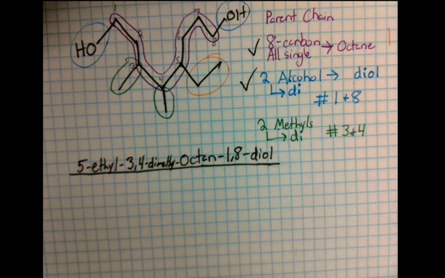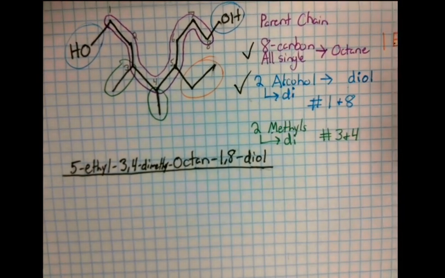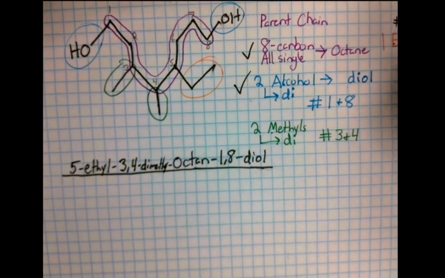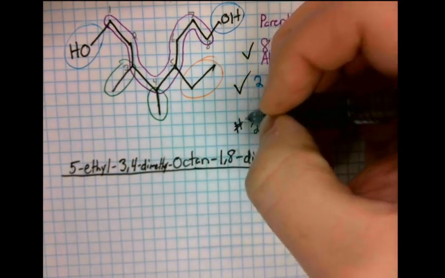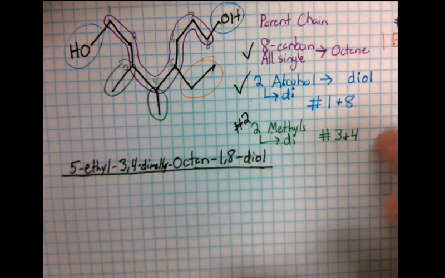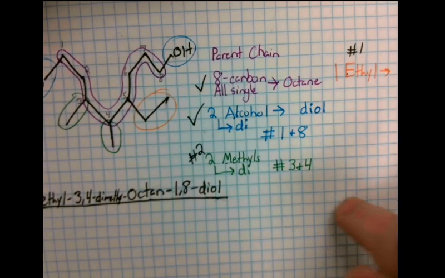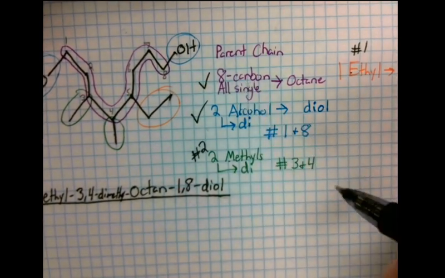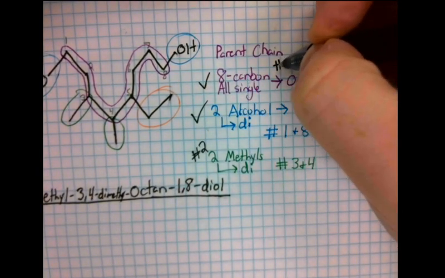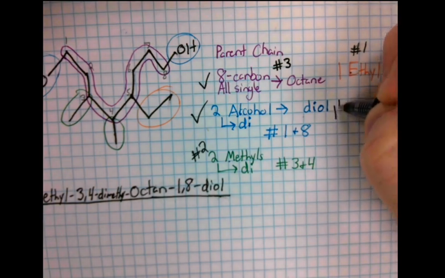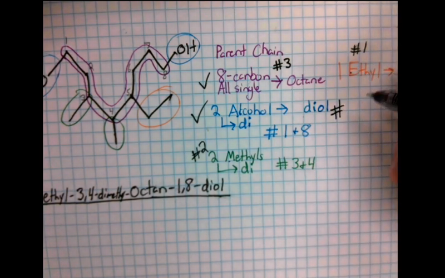You could number them as you go through. You do all substituents in order, whatever order they should go into. And then you do parent chain second to last, and then functional group last. So it's going to be in that order.